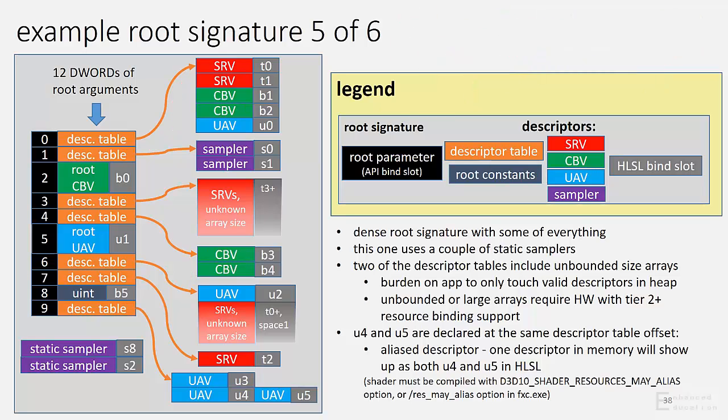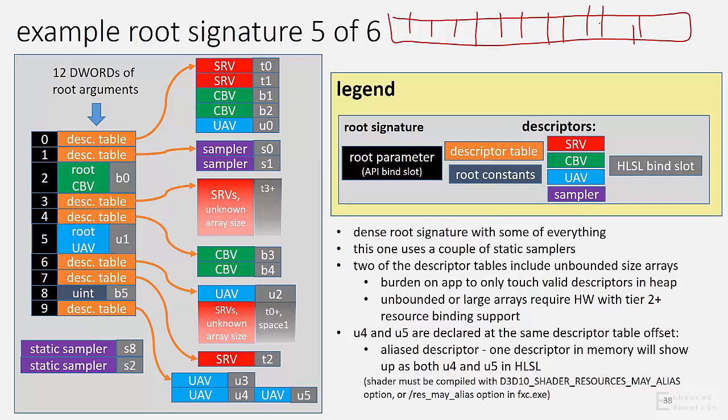Another interesting aspect of this root signature is that there are a couple of descriptor tables that define arrays of descriptors of unknown size. The reason this works is that for some hardware, hardware of resource binding tier 2 or above, a descriptor table really is just implemented as a pointer into a descriptor heap. And so the notion of an array of unbounded size just takes advantage of this property, so that when you are declaring a root signature, it doesn't matter to the hardware that you may not know what size an array of descriptors might end up being.